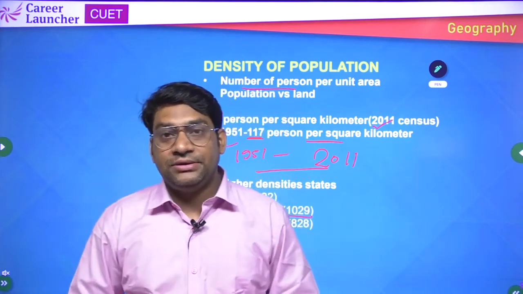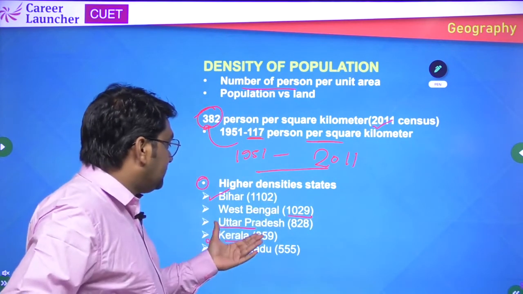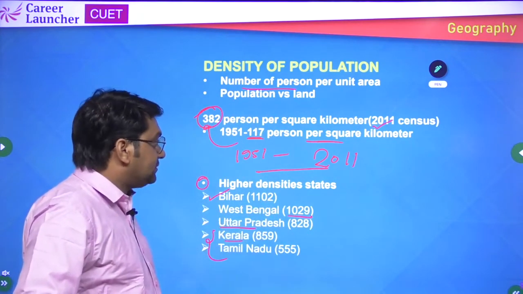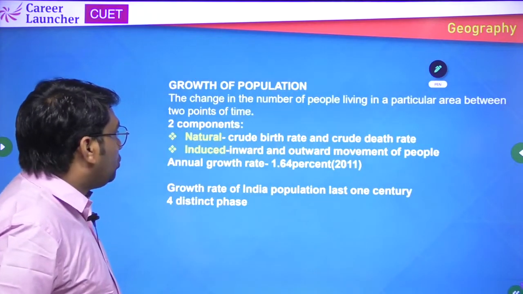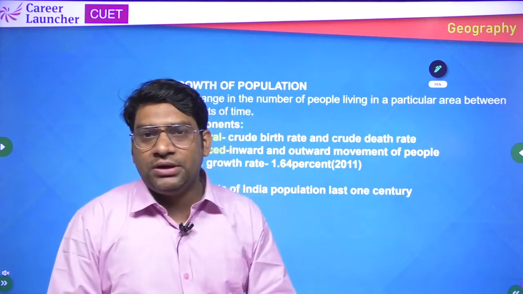So why is density high? Because of geographical reasons. Okay, Bihar has high density, then West Bengal, Uttar Pradesh. Then growth of population. Okay, how does population growth happen?